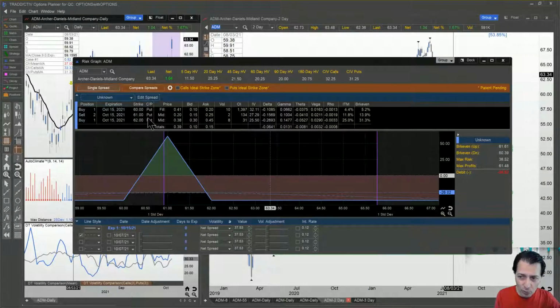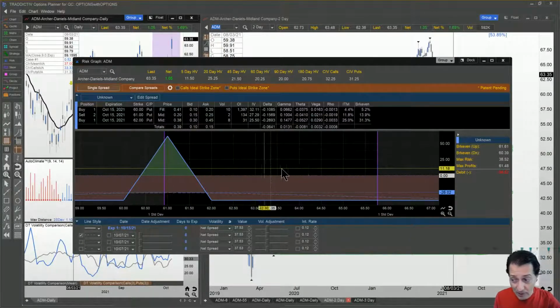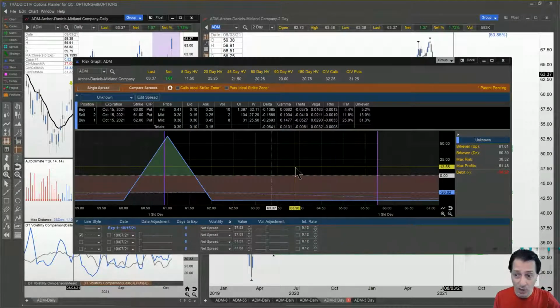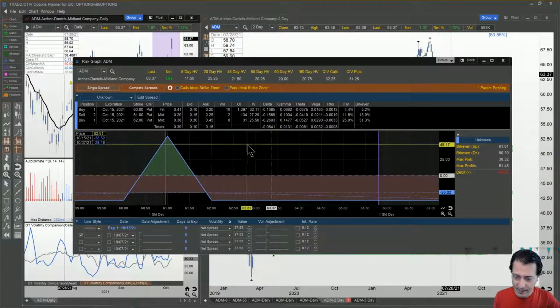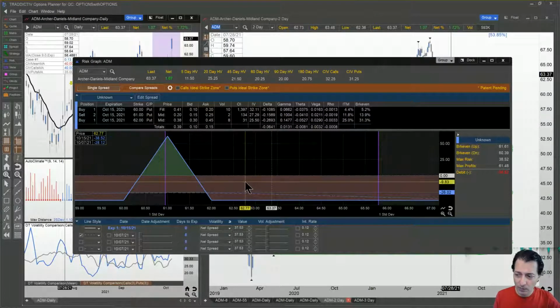If the stock keeps going lower, you welcome it, as long as the stock approaches 61, because now you end up in the green area. But if the stock keeps going higher, then you are locking in your loss, which would be $38.52.